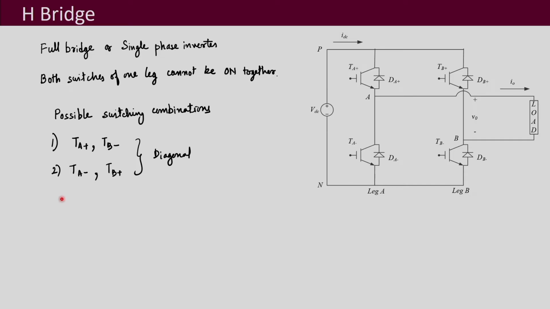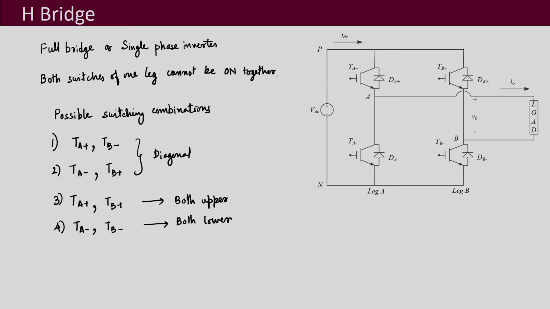Next, what we can see here is that these upper two switches can also be on together, or these lower two switches can also be on together. So, the third possible combination is TA plus and TB plus, that means both upper on together, or TA minus and TB minus, both lower, that also can be on together.